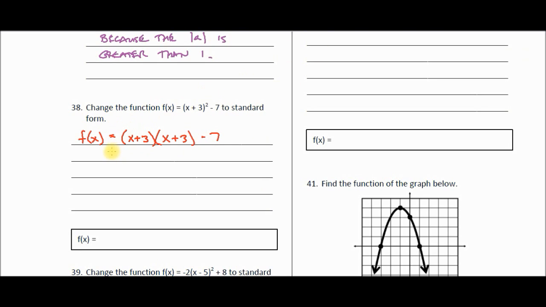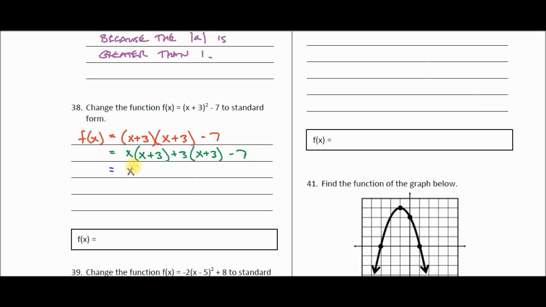Alright, let's go ahead and distribute. The x, the first term of the first binomial, gets combined with the second binomial, and the second term of the first binomial gets combined with the second binomial, and we subtract the 7 on the end. Now we're going to multiply monomials times binomials.